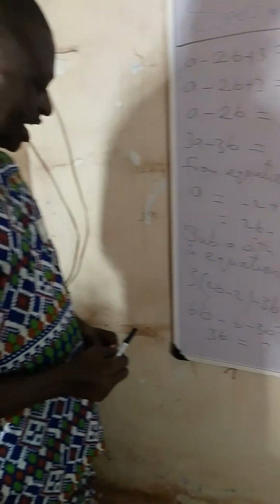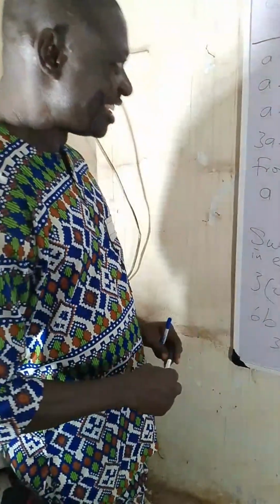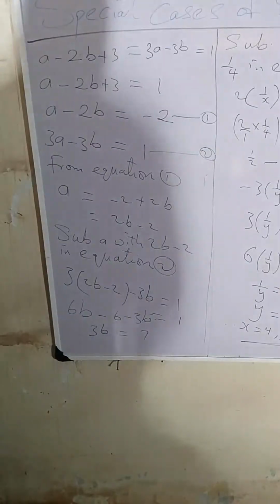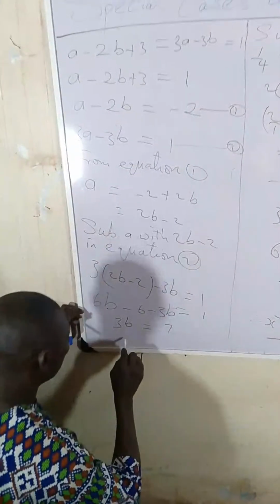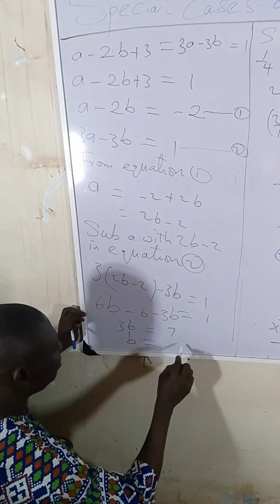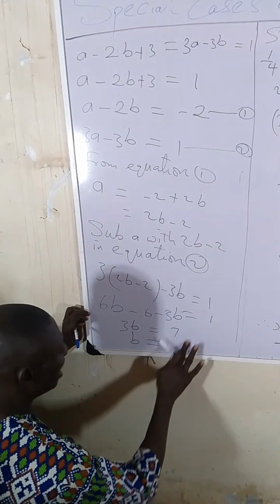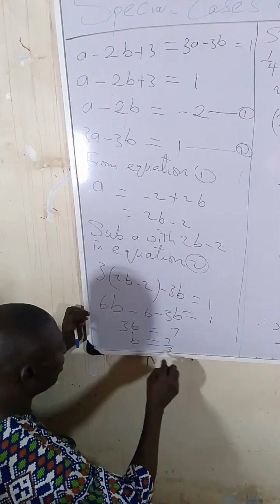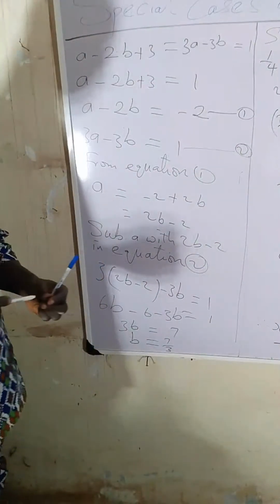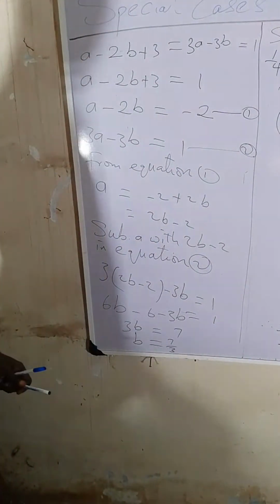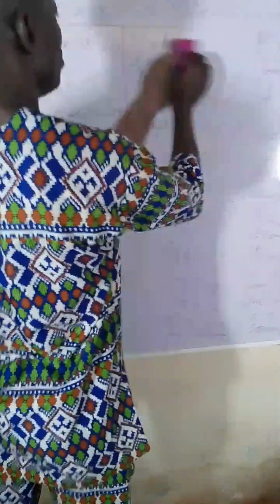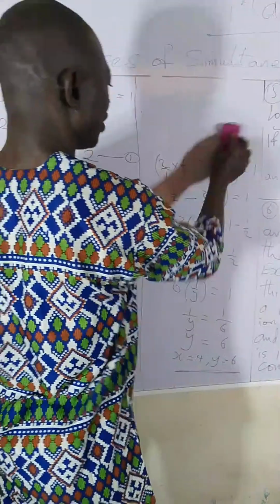And the coefficient of b here is 3. So what can we say? We can say that b is equal to 7 over 3. Remember that 7 over 3 is the same as 2 whole number 1 over 3. Okay, b is equal to 7 over 3 or 2 whole number 1 over 3.